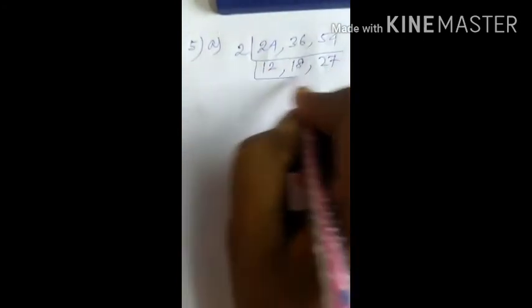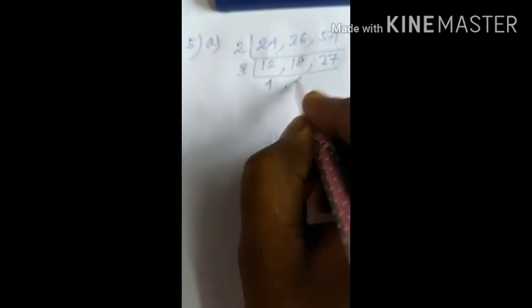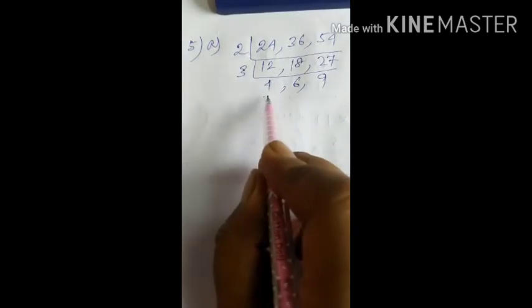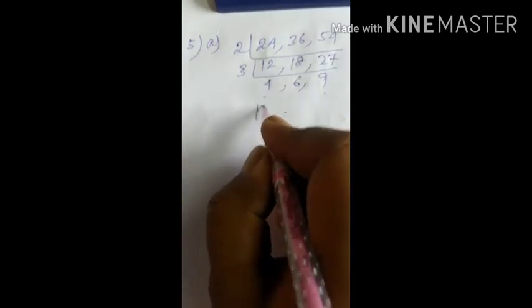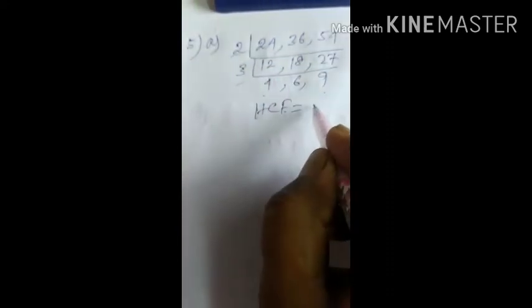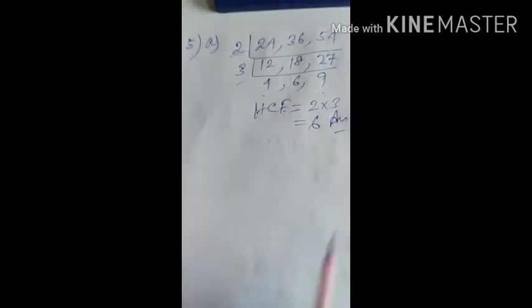Now common will be 3, so 3 4s are 12, 3 6s are 18 and 3 9s are 27. Now look, there is no common between these three numbers, so HCF will be 2 into 3, or 6. So HCF of the given numbers is 6.